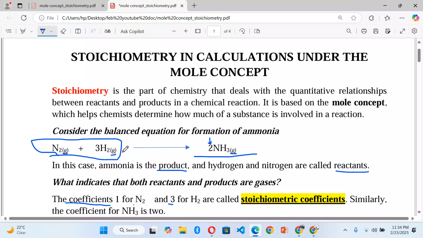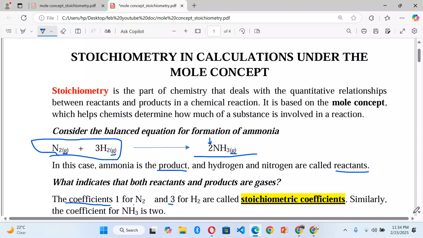In stoichiometry, we have to make sure we have a balanced equation. The values we use to balance are the coefficients, and the name given to these values is the stoichiometric coefficients.